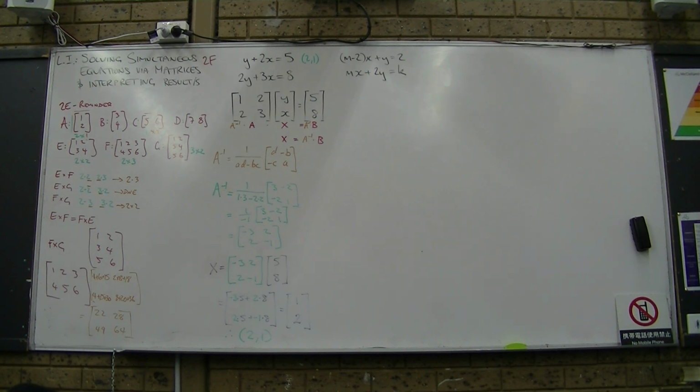For a start, you can solve this for m. So it's m equals 4. So if m equals 4 and k equals 4, what happens? X equals 1 and y is 0.